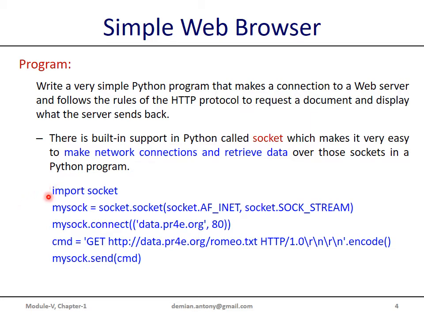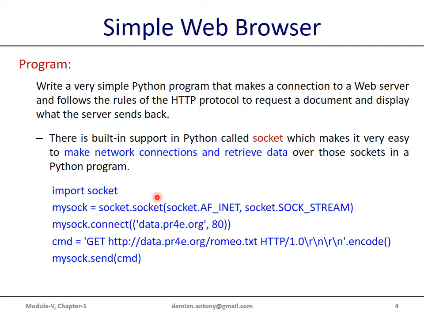First, we have to import the library for this network communication called socket. So socket is a library which is available. And second, we have to create a socket, the endpoint for communication.